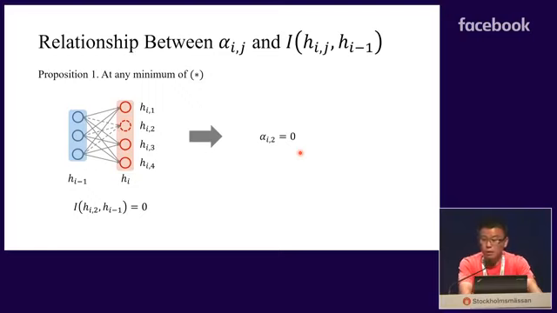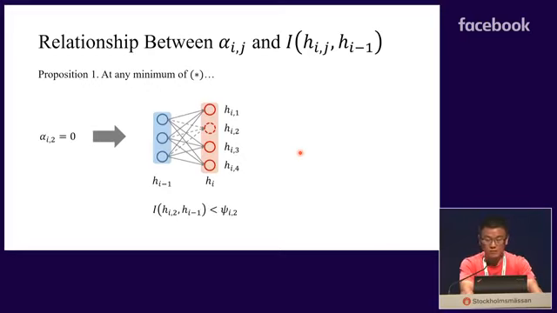However, this does not mean that all the neurons with alpha_ij equal to 0 are redundant. To address this issue, we also have that alpha_ij equal to 0 is a sufficient condition for the mutual information between this neuron and its previous layer to be smaller than psi_ij, which we introduced previously. It is always a positive value.